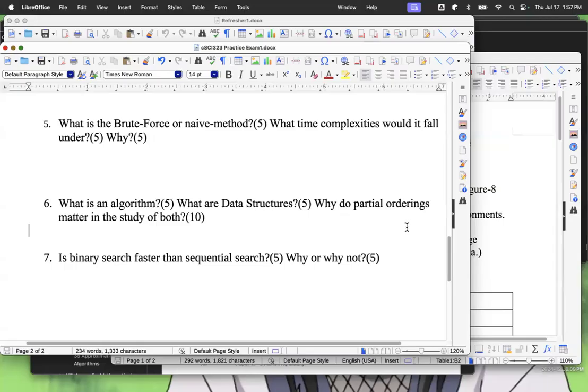Great. So now here's a very tame question for you. What is an algorithm? What are data structures?